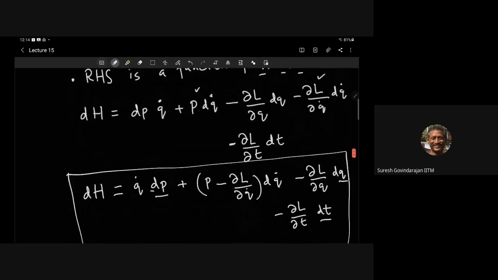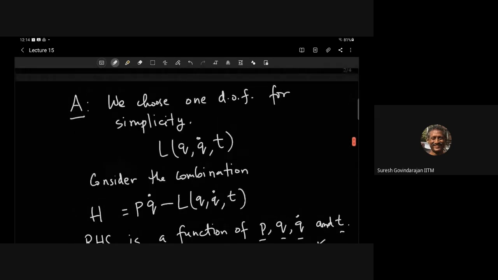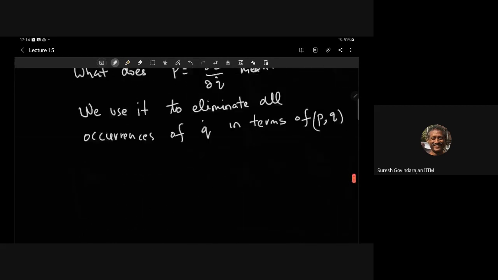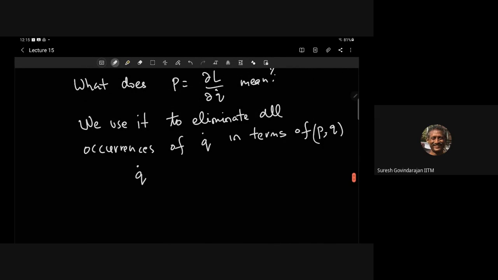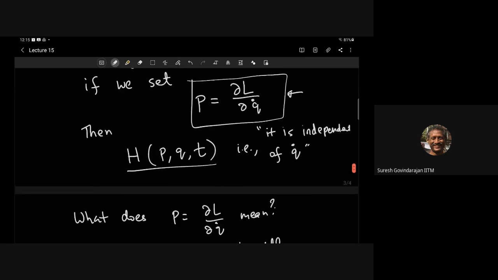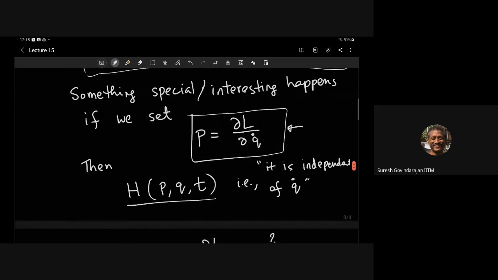If you come back and look at this formula, it still will have q dots going around. So wherever we see the q dots, we should write q dot equal to q dot of some q at p. This is what it means. So this is the content of choosing p to be dL by dq dot.